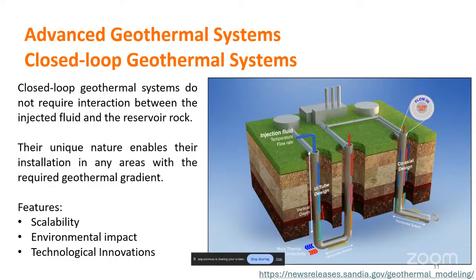It could go in a U loop, or it could just be like a Yeti cup, where the fluid goes through the annulus and then it gets heated up and then it goes up through the tubing to the surface and is produced as a hot fluid for heat exchange. These advanced geothermal systems generally make it possible for geothermal energy utilization to be applied anywhere.